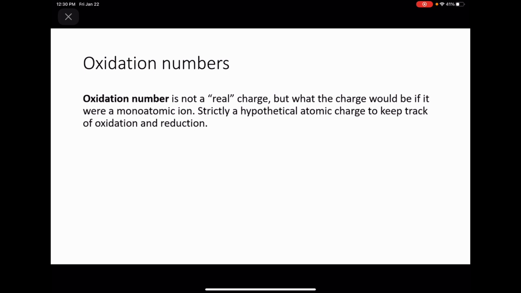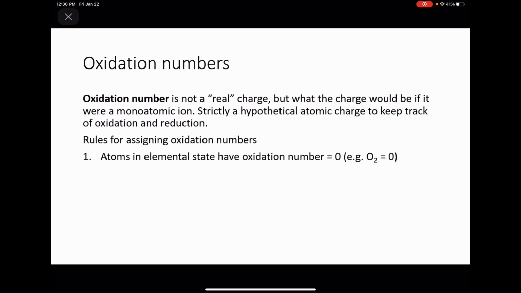Okay, so it's kind of going around in circles, but that's the reason why it's a hypothetical charge. And it's mostly just to keep track of what's getting electrons and what's losing electrons, or what's being oxidized and reduced.